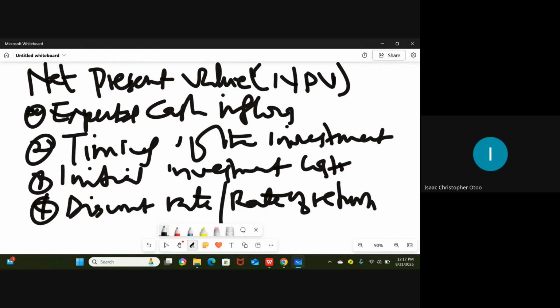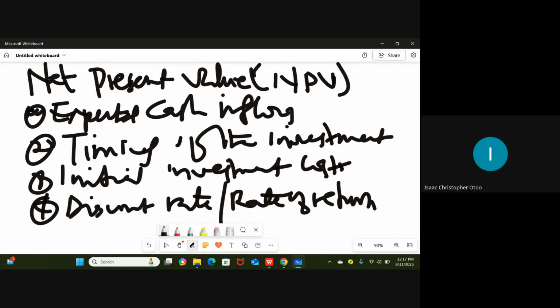So these are the variables that we need in order to calculate the NPV. Any question on that before we start talking about it? I'll just summarize it. Then we are okay.